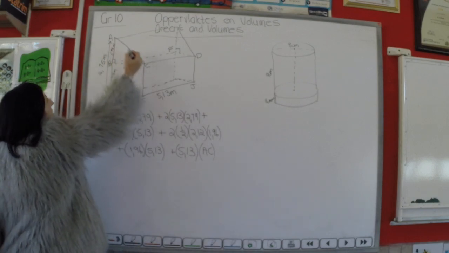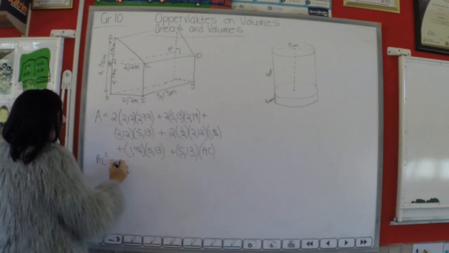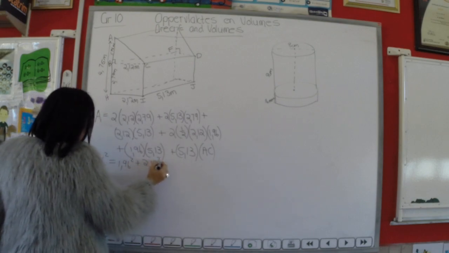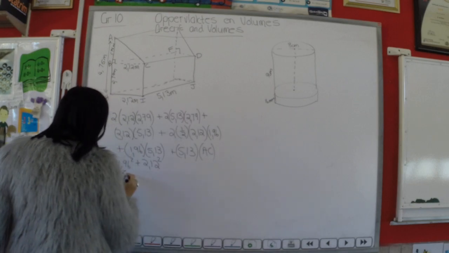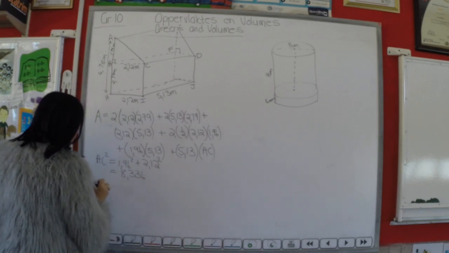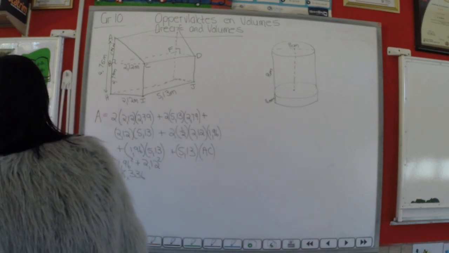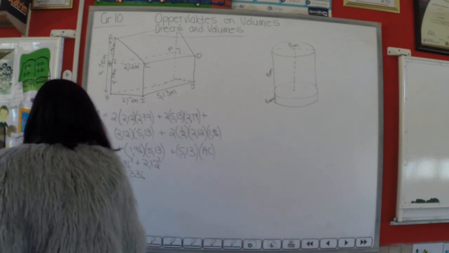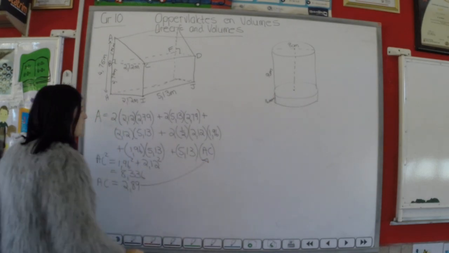I can determine AC with Pythagoras by saying AC squared equals 1,96 squared plus 2,12 squared, and if I work that out, I get 8,336, and if I get AC, that's going to be the square root of 8,336, that's going to give me 2,89. So I'm going to insert it into the place of AC.